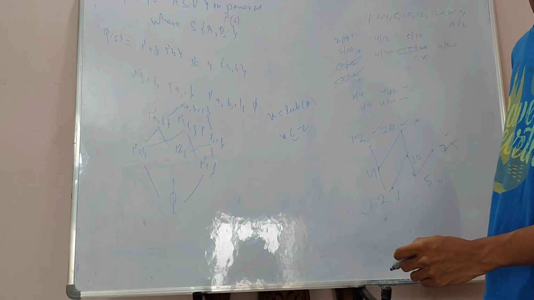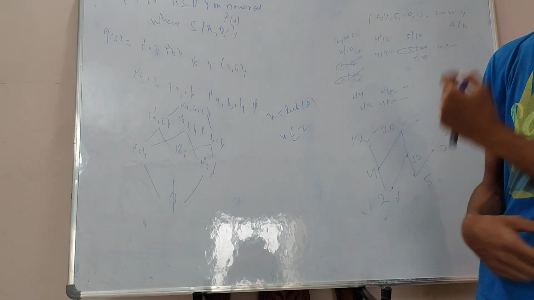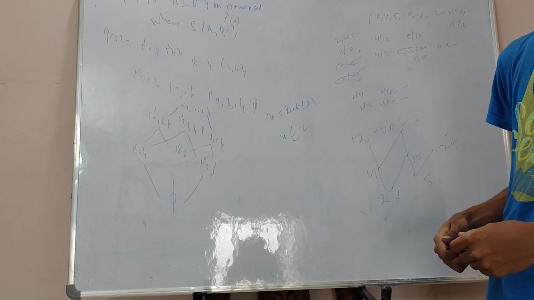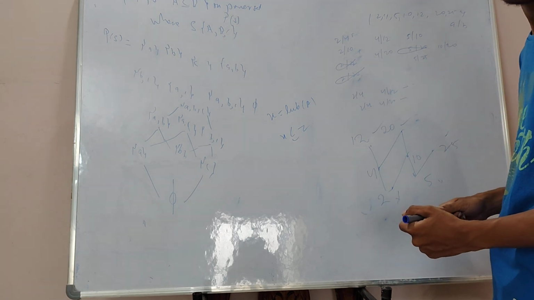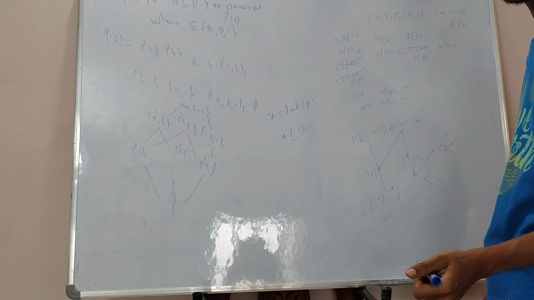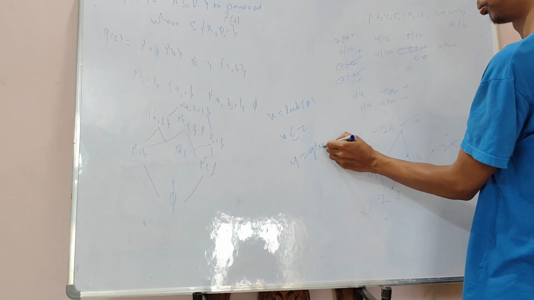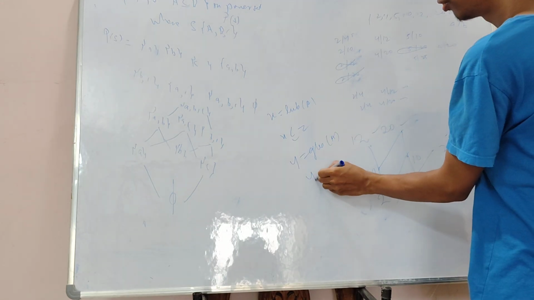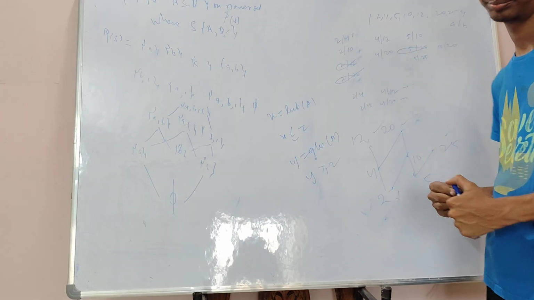And greatest lower bound is the largest of all lower bounds and unique if it exists. y is GLB of A if y is a lower bound of A, right? And y is greater than or equal to Z, right?